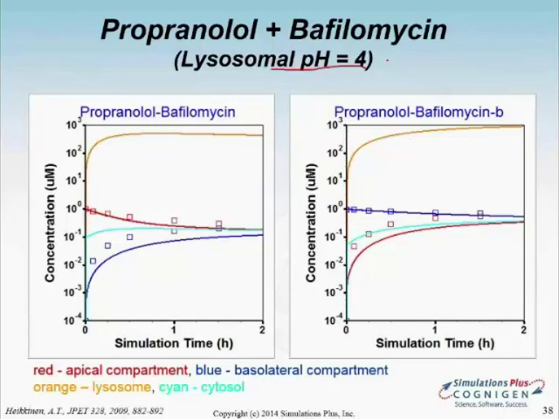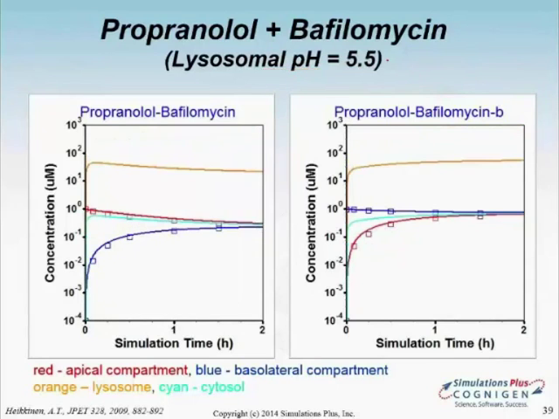But once we adjusted the lysosomal pH to account for the effect of bafilomycin, you can see a very nice match to both apical and basolateral compartment, and this is due to a much lower accumulation of propranolol in the lysosomes, and we have maybe 1.5 or 2 orders of magnitude difference between the cytosolic and the lysosomal concentration now.